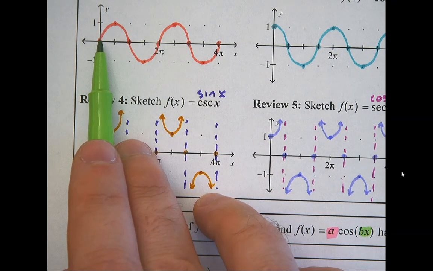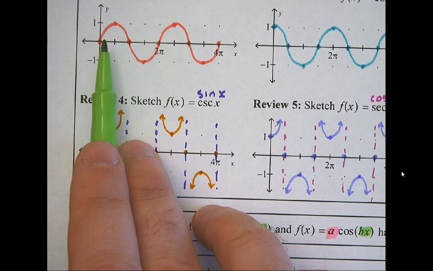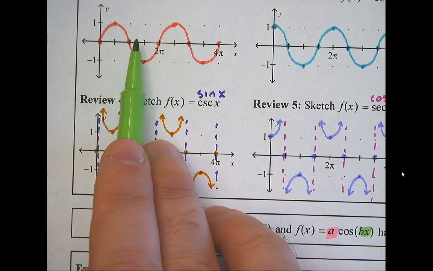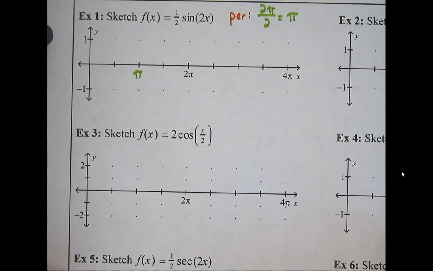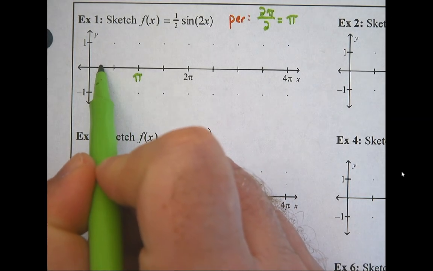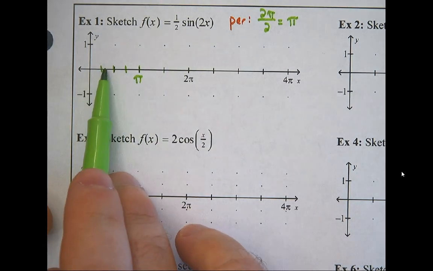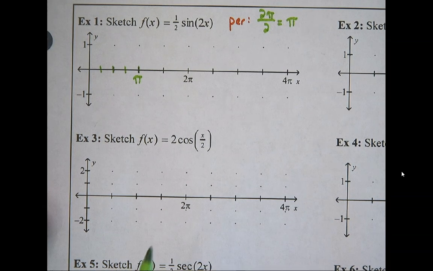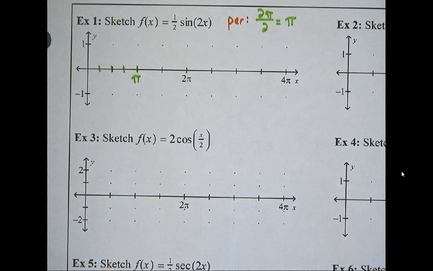I guess technically 5 from the one you're starting, but I count it as gaps. How many gaps do we need? 1, 2, 3, 4. That corresponds to quadrant 1, 2, 3, 4. So I need to divide this into 4 even sections. 1, 2, 3, 4. Now I have 4 even sections, and I'm going to use that to complete one cycle of sine.